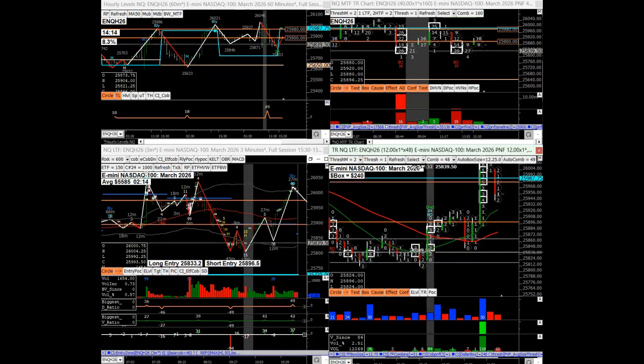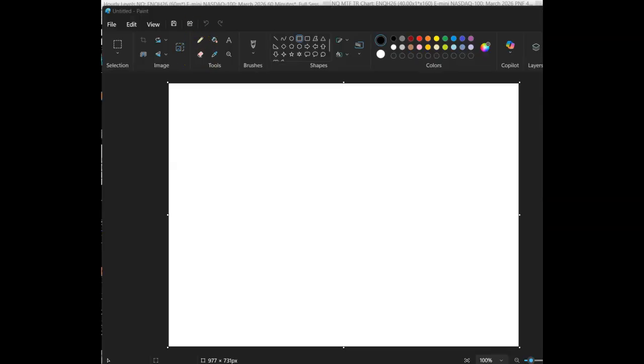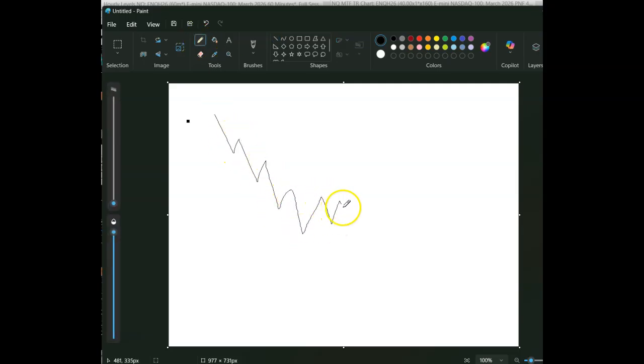Okay? Now there's another really important thing I'm going to explain. Most of y'all are taught about this type of diagram, where it does this, and then something like this, and then dip, right?